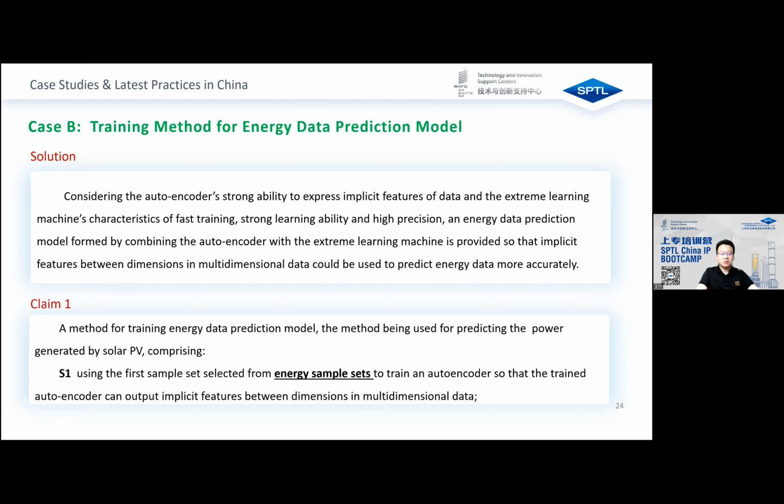Thus, implicit features between dimensions in multi-dimensional data could be used to predict energy data more accurately.